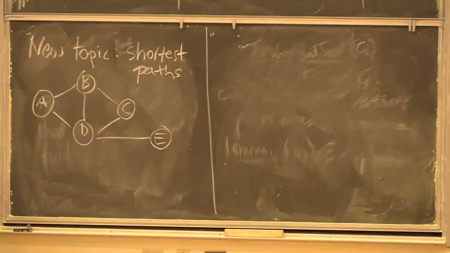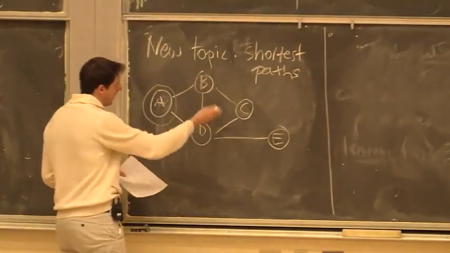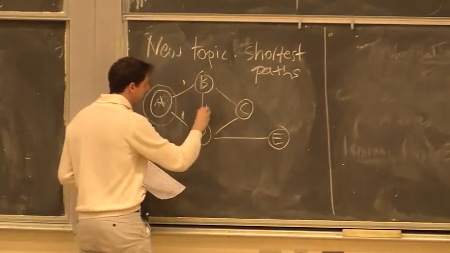For the next 1.5 to 2 lectures, we'll always have a starting vertex. We'll denote it with a double circle to denote that it is our home base. And from there, we want to measure distances, not just to one vertex, but to all other vertices.